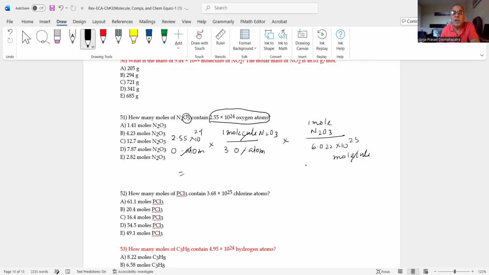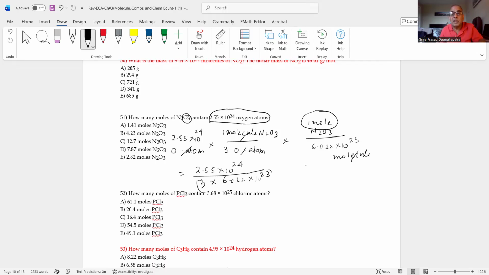So your answer will be in moles. So it is 2.55 × 10^24 over 3 into 6.022 × 10^23.